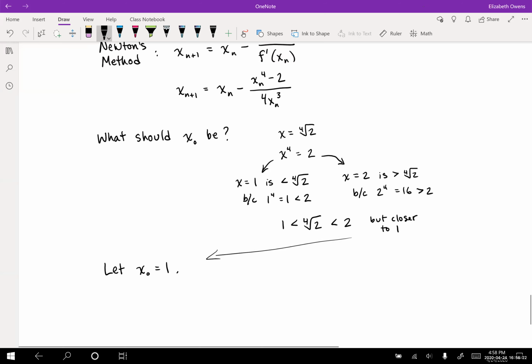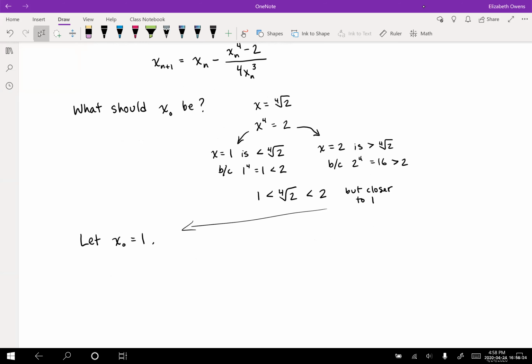And so let's put it in. All right. So x naught equals 1. Then x1 would equal x naught minus x naught to the fourth minus 2 over 4 x naught cubed. Okay. And so that would be 1 minus 1 to the fourth minus 2 over 4 times 1 cubed.